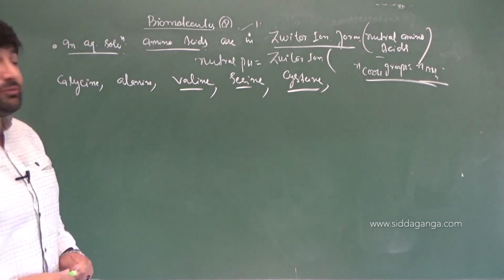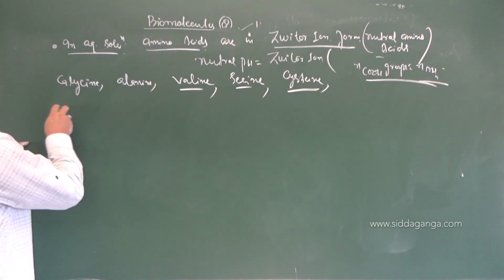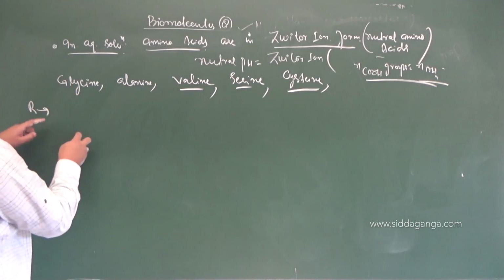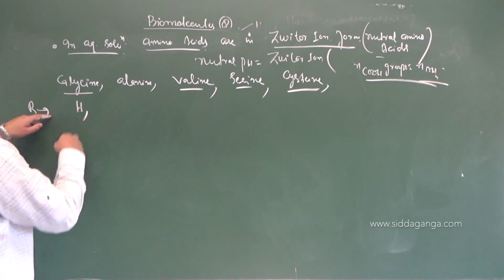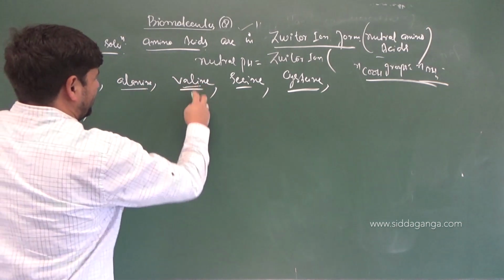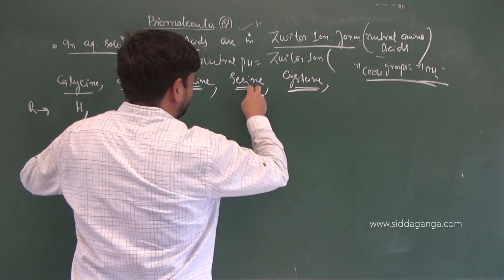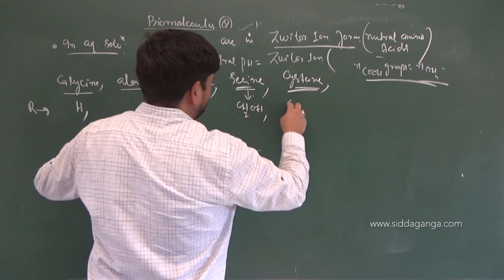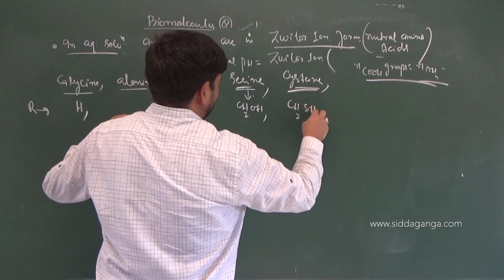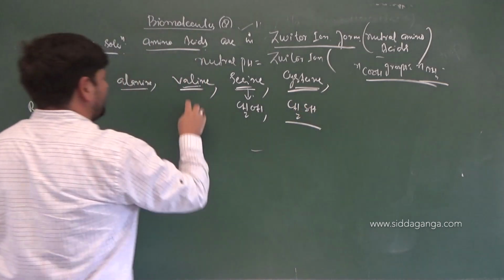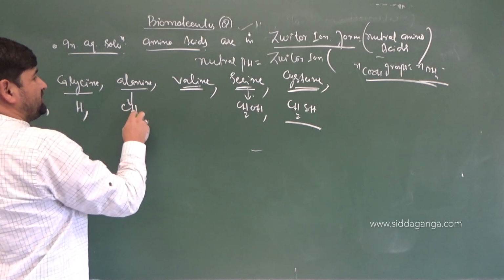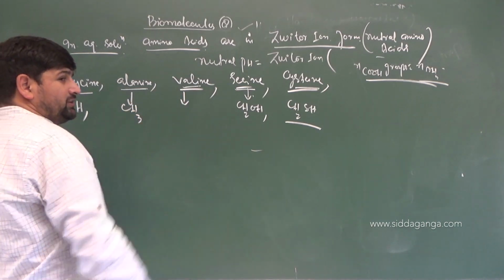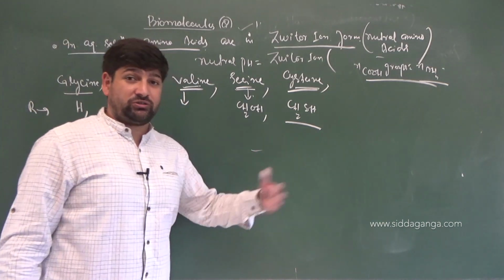Even here you have different substituents. So what is the R group here? Rest of the things are the same. In glycine, what is R? H. In alanine, valine, serine, cysteine. In serine, what is it? CH2OH. In cysteine, it is CH2SH. Correct or not? You may have different groups here. So in alanine, we have CH3. In valine, you have CH(CH3)2, so on and so forth.